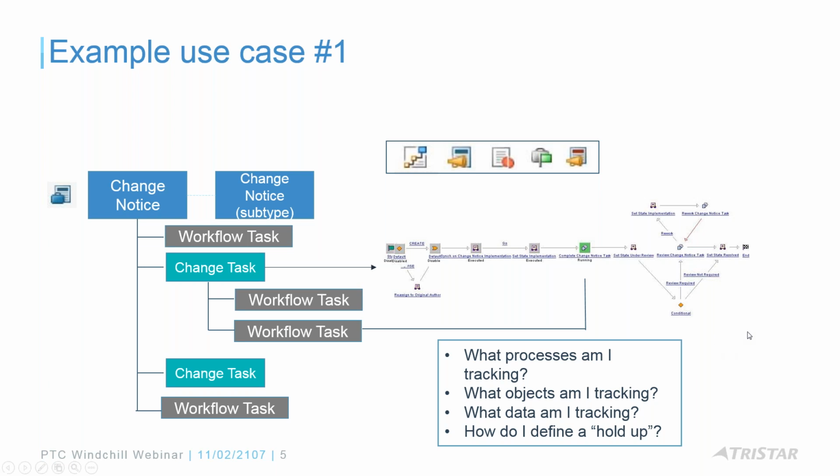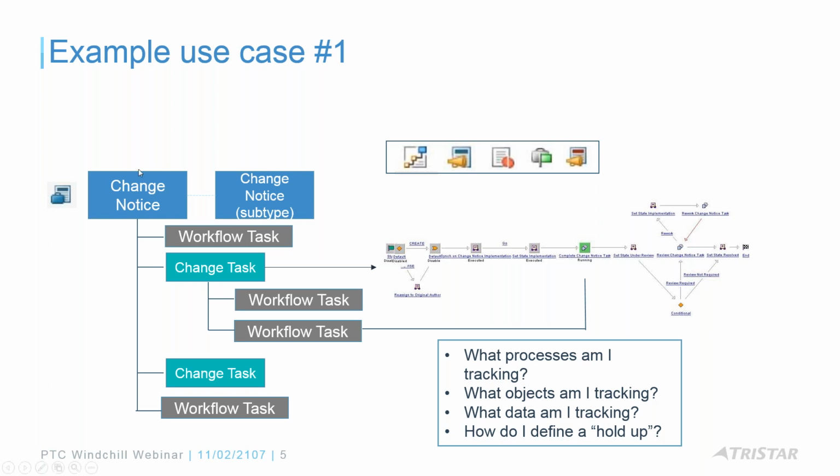There are companies that have walls and walls of workflow robots and tasks that make decisions, and tracking that information is, quite frankly, almost impossible. So how do I track that?